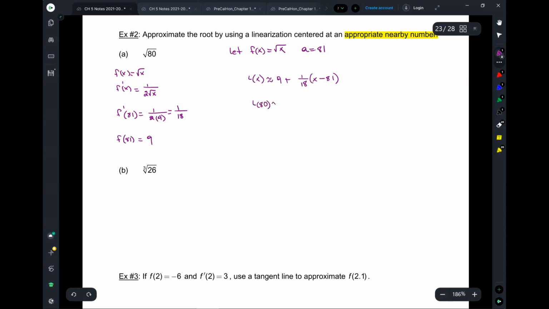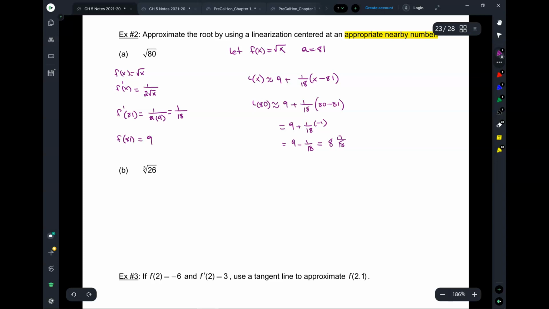L of 80 is approximately 9 plus 1 over 18 times 80 minus 81. So this is equal to 9 plus 1 over 18 times negative 1, so this is 9 minus 1 over 18. If we split 9 into 8 and 18 over 18, this is 8 and 17 over 18.